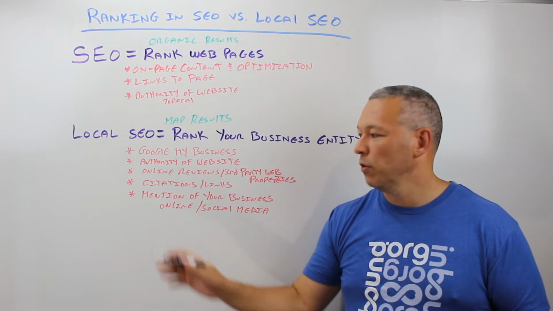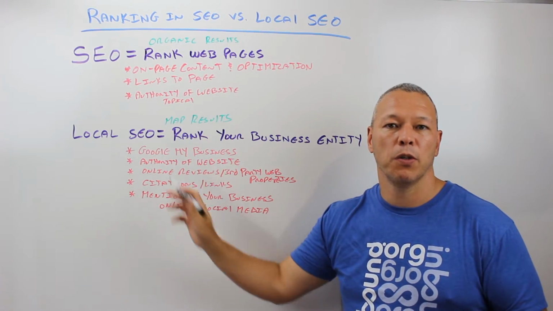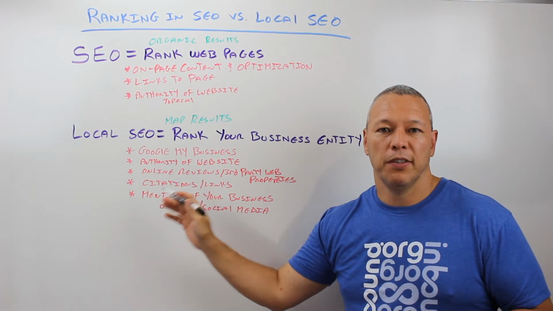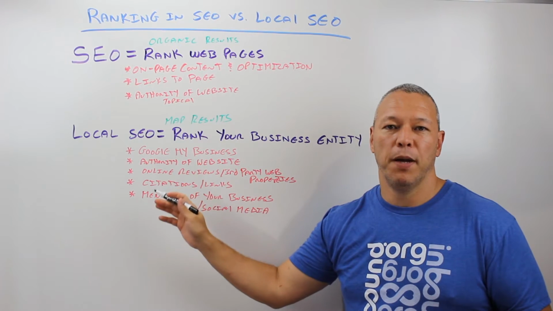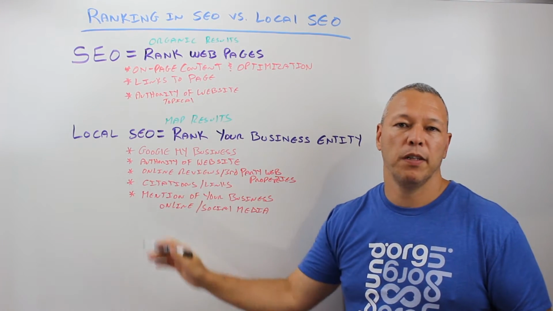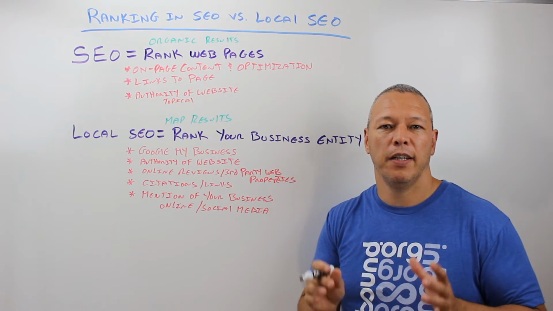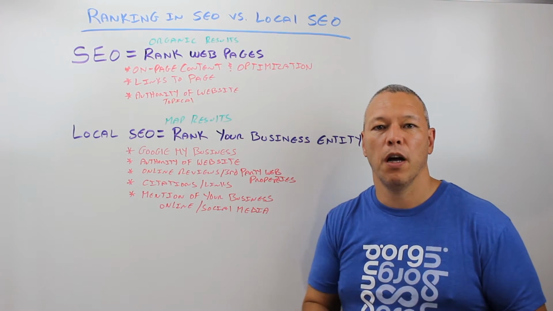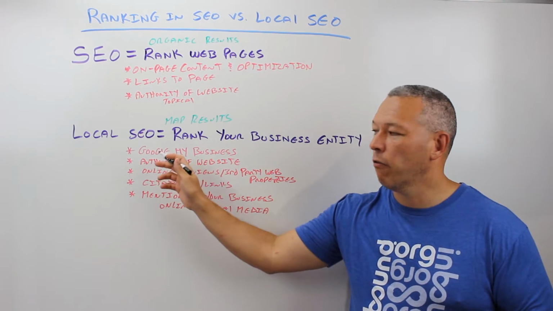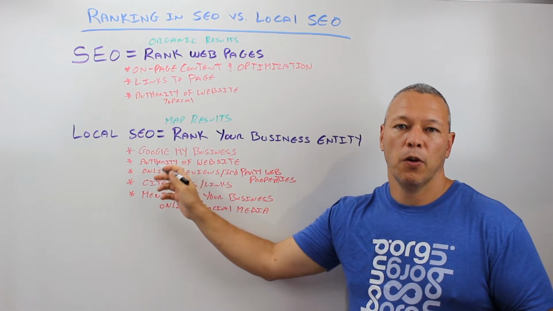And that's what Google's looking for when it comes to local SEO. It wants to show you the best pizzeria in your city, not the most optimized website or whoever's doing the best internet marketing. So what it does, it looks at all your web properties, it looks at all your mentions online, people talking about you, the media, other blogs, social media, and it takes all of those into account to determine how they're going to rank you when it comes to local SEO.